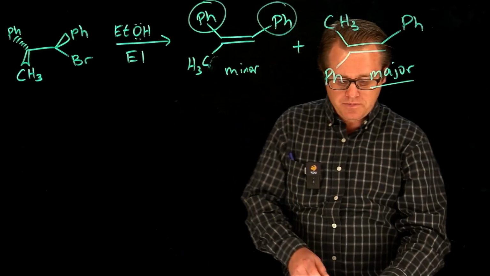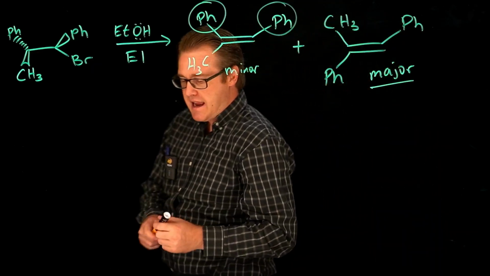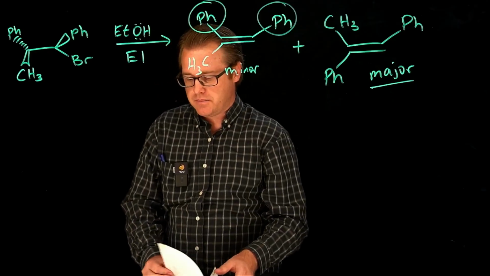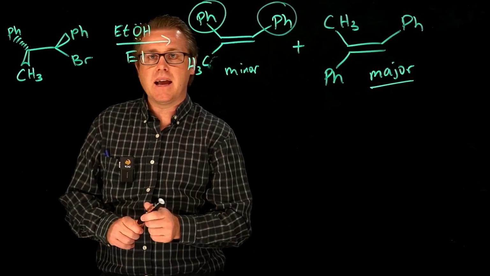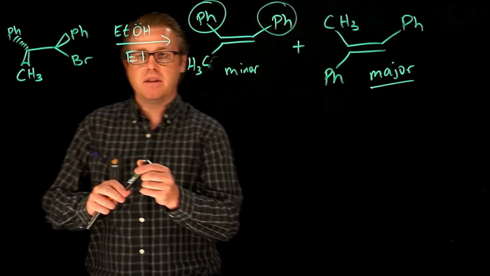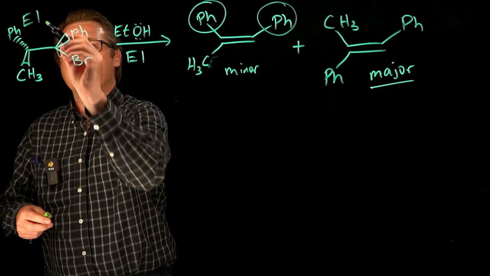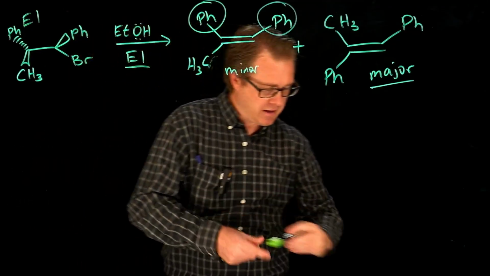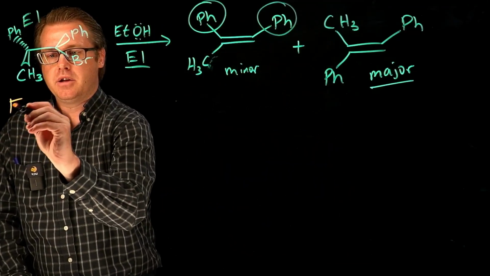Contrast that, though, if we take that same molecule, but we invoke the E2 mechanism. So let's make sure I have this written as our E1. Oh, it's already right in there. Okay. Let's do an E2.